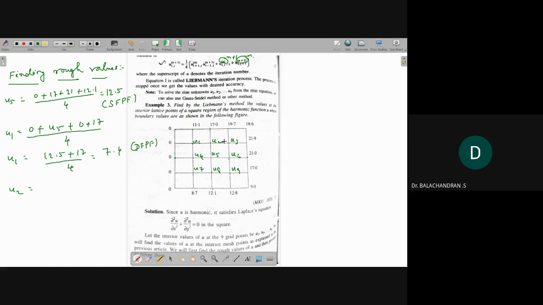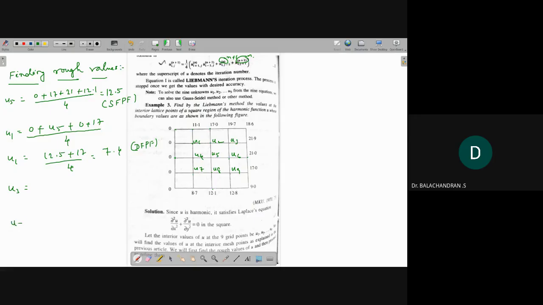For U2 the standard 5-point formula you can use, you are right, but I don't know U3 now. I will find U2 later. It is better to do U3 first. For U3, you need to use the diagonal formula.